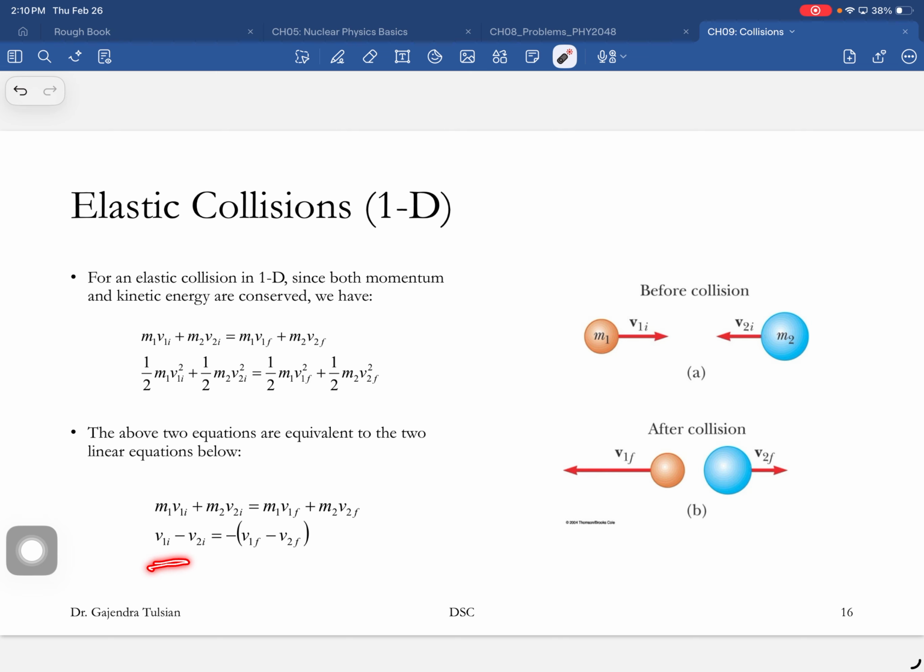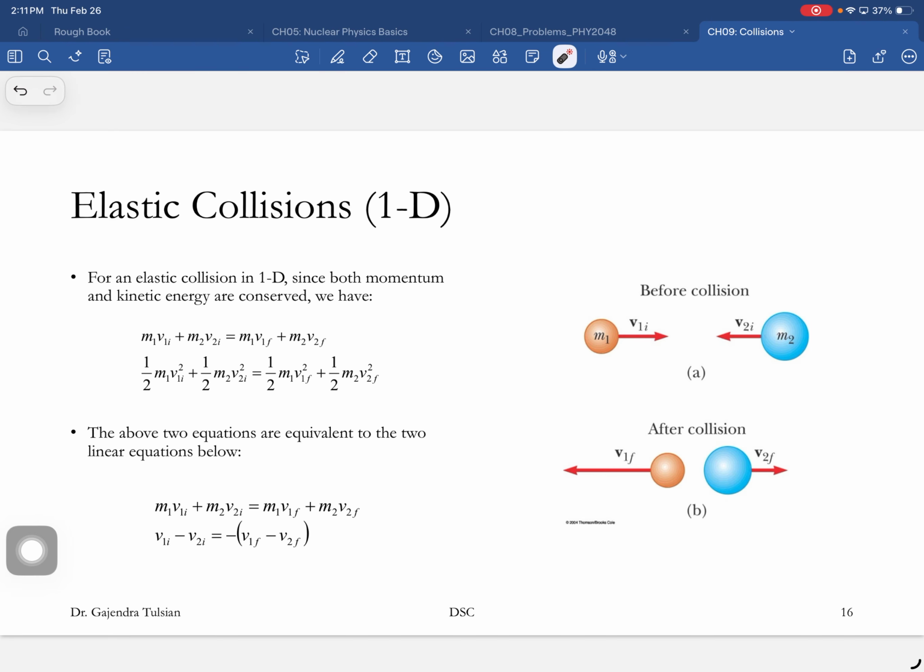Okay, let's see, what does this say? V1 initial minus V2 initial. What does that mean? Let's say this guy is going at 5 meters per second, and this guy is going at 10 meters per second in that direction. So his velocity will be minus 10 meters per second. And 5 minus minus 10 is 15 meters per second.